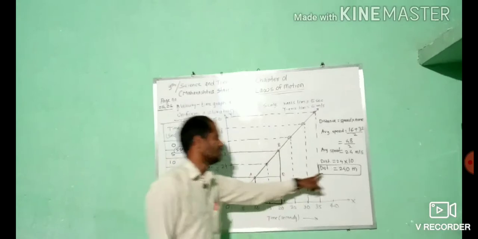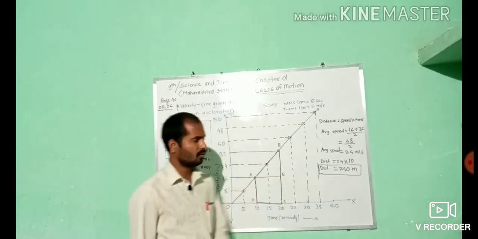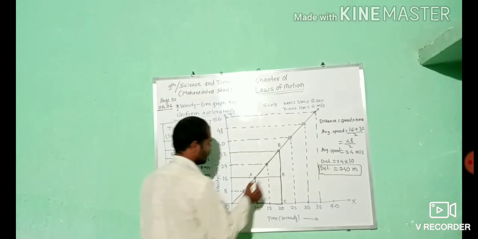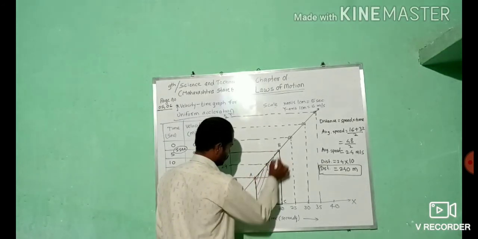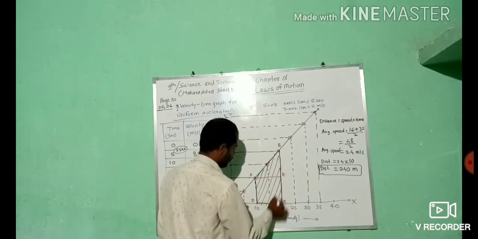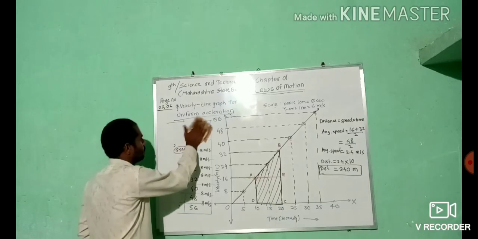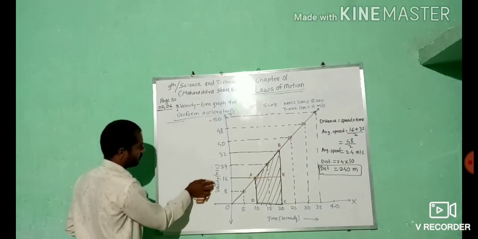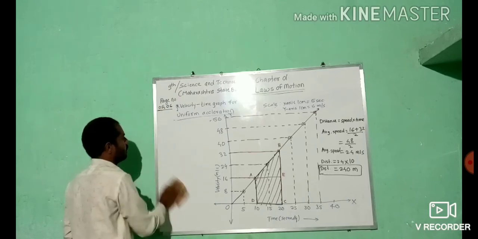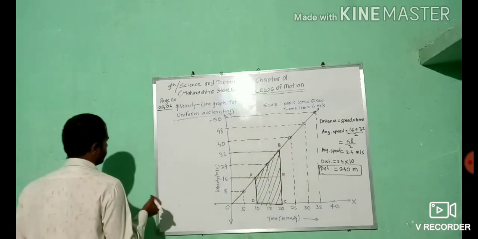Whatever the distance is, it is equal to the area covered by that figure. So you need to find out the area here. We are going to find out the area of that quadrangle and check whether it is the same as your distance or not.